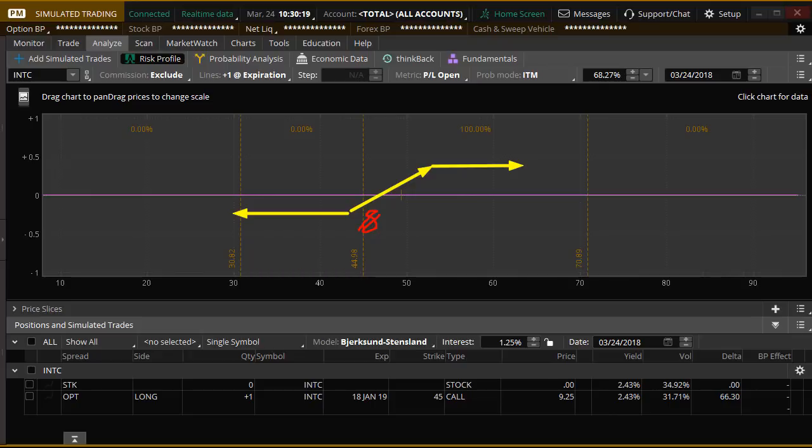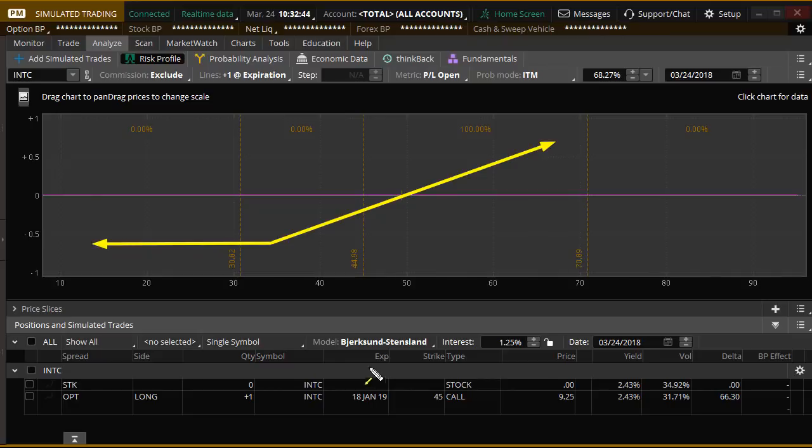So you don't have to get overly complicated first. In fact, I recommend you keep it simple. Okay? Keep it simple. And then start adding one strategy at a time. Because we all know if we just do a long call, the long call has an unlimited potential upside and a maximum loss.